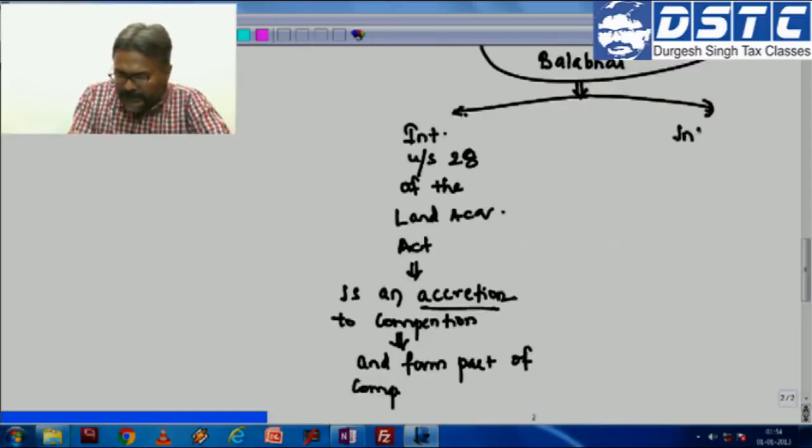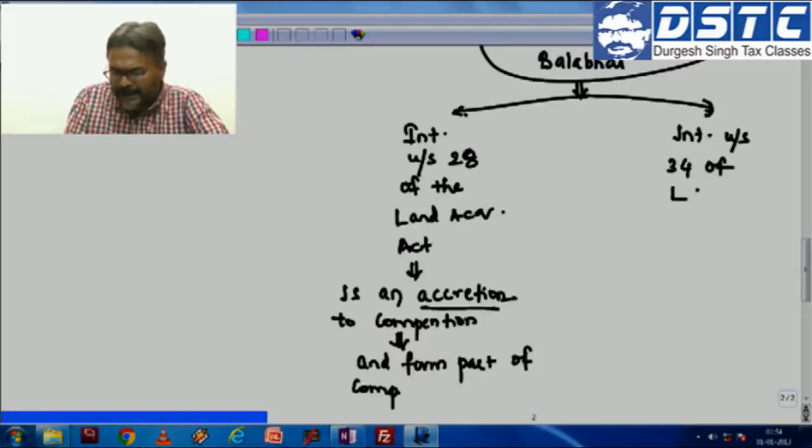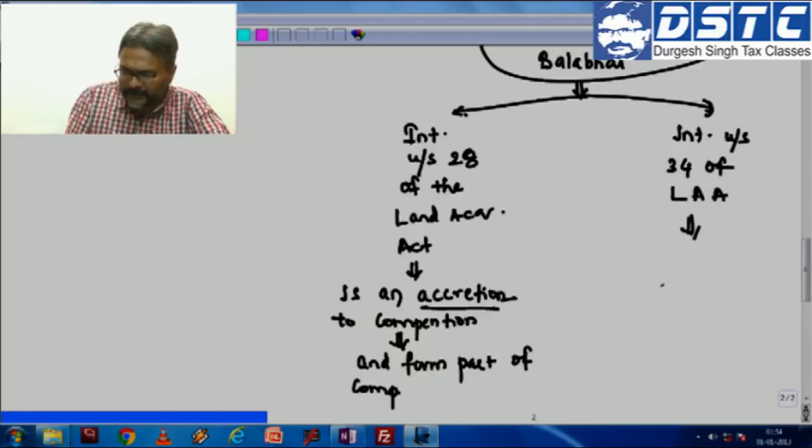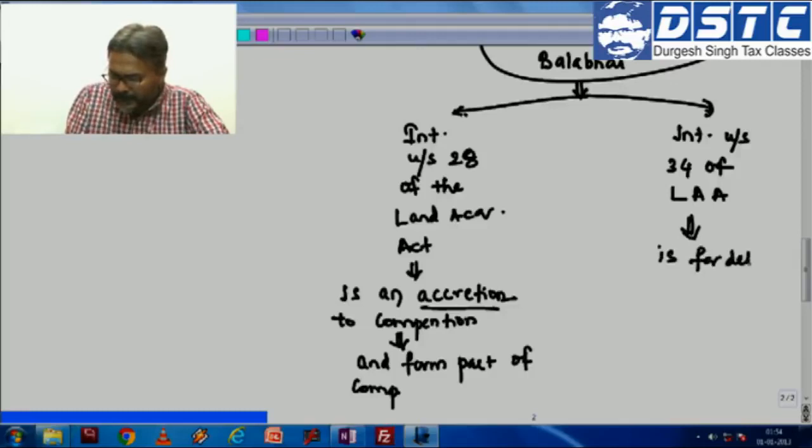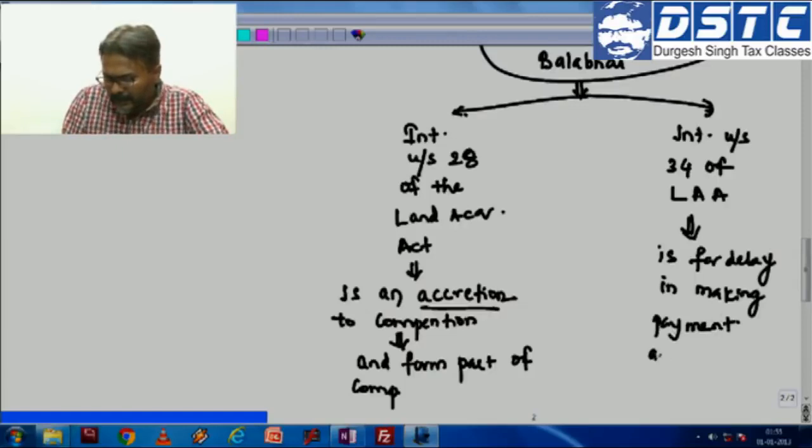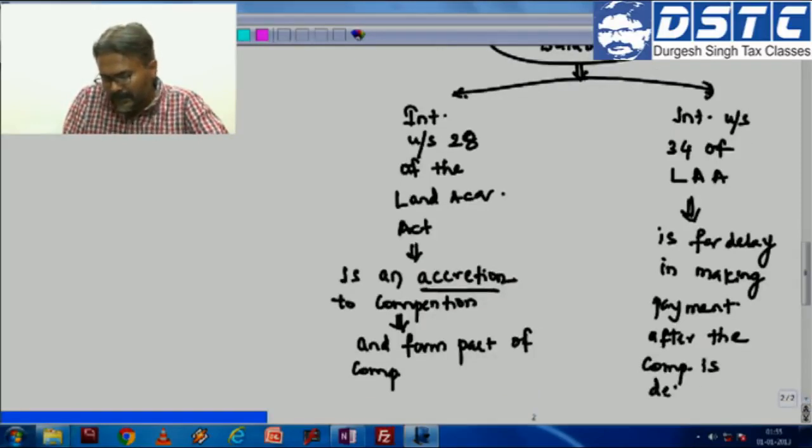Whereas in this context, there is one more section, which I think is 34 of the same Land Acquisition Act. I am just writing the abbreviated form. This is for delay in making payment after the compensation is determined.